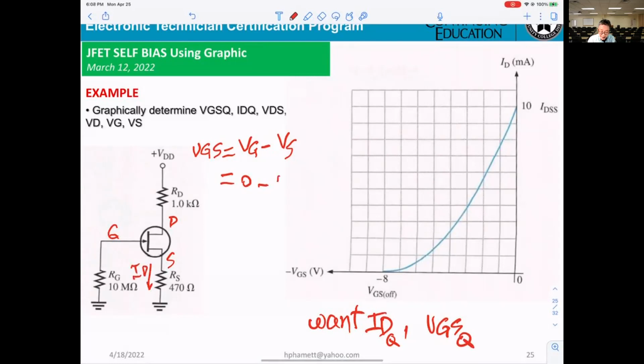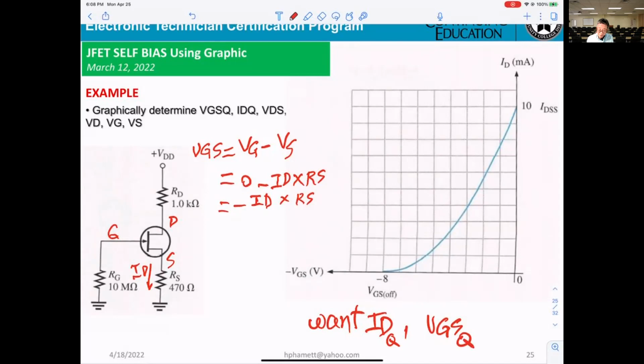So VS equals ID times IS, and finally, VGS equals minus ID times RS. RS will be equal to 170 ohm.